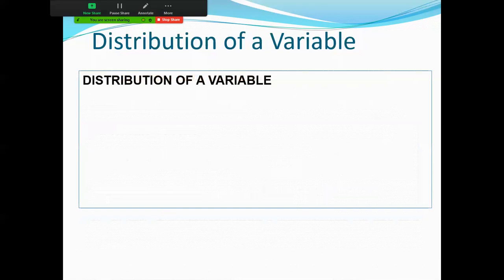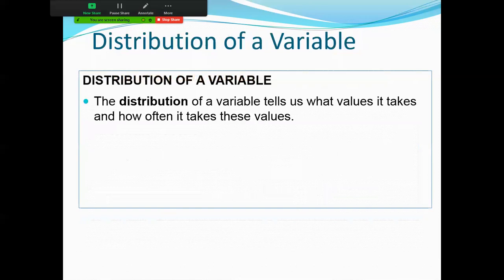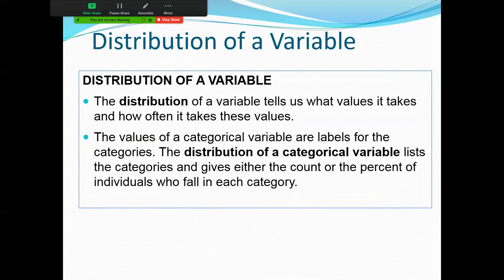Distribution of a variable. The distribution of a variable tells us what values it takes and how often it takes these values. The values of a categorical variable are labels for the category.